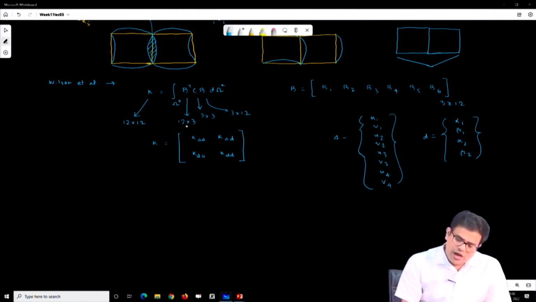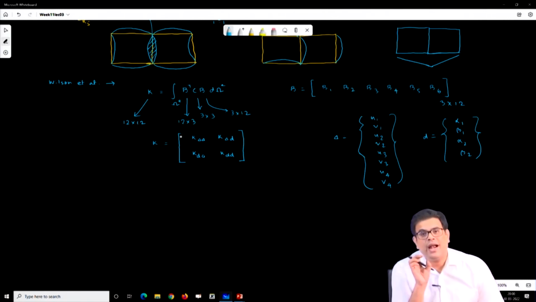Now I can substructure my stiffness matrix like this. Because of these additional modes, there will be no forces, since there is no node.